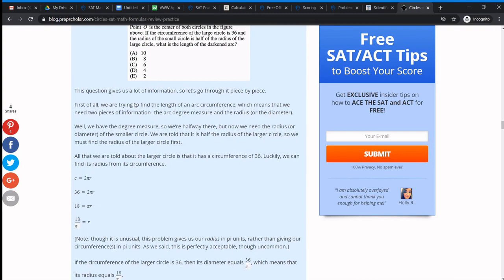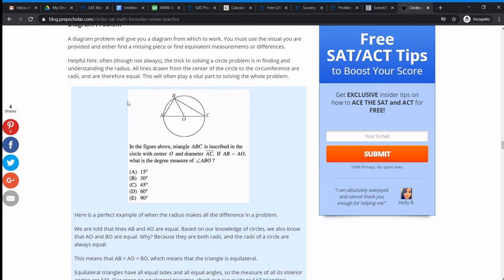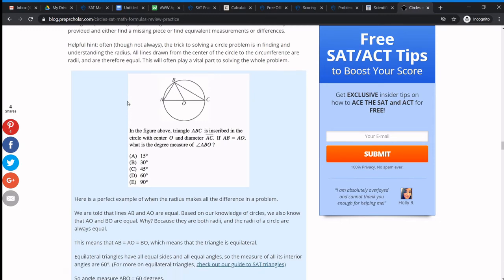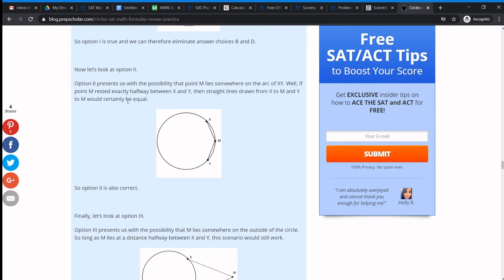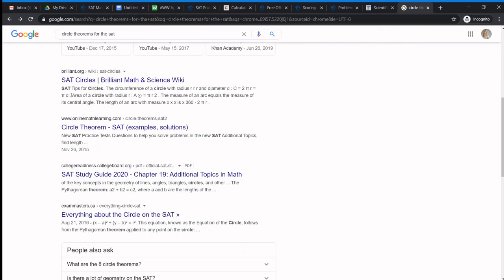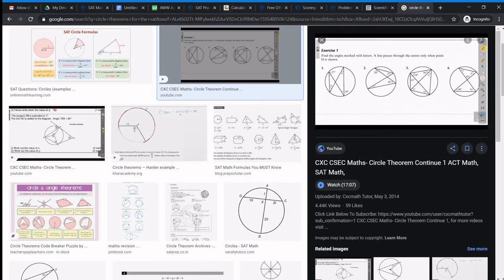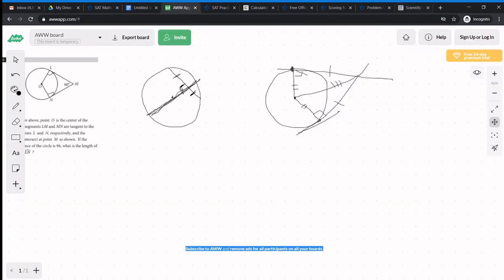Area. Arcs. Okay. So I have another one that might be useful.